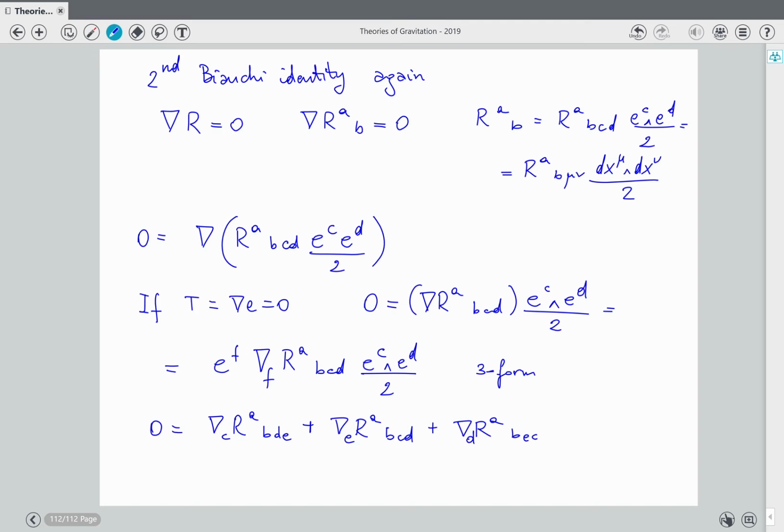So this is probably the familiar form that you know about the second Bianchi identity. If you want to switch to the spacetime indices, you can do it, and it doesn't matter because if you multiply the field inside or outside the covariant derivative, as we said.